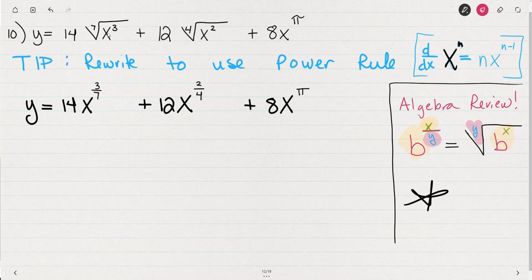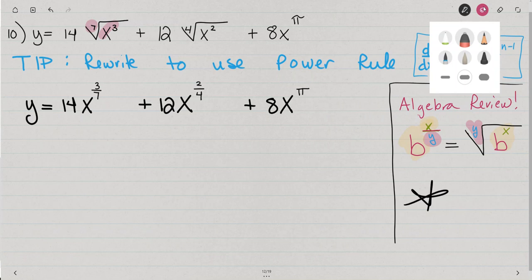So that's how I write this x cubed to this radical 7. 7 is the index. This index 7 goes in the denominator. And so now I can simply apply the power rule.